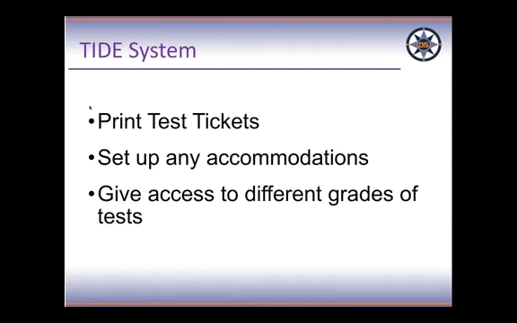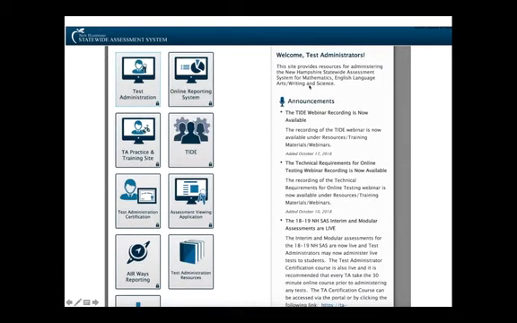And if you want to give access to other grades, you also have to do that in here. If you give a third grader a fourth grade test without coming into TIDE first and setting that up, they won't be able to access that test. So first, we'll print test tickets.